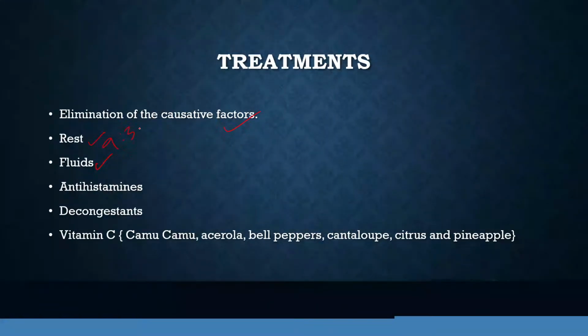This one here, where the laser is dancing. Anyone who knows the remedy? It's called broadleaf plantain. So this is the plantain, the broadleaf plantain.